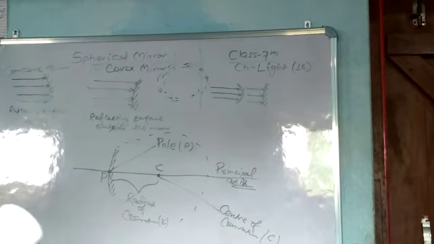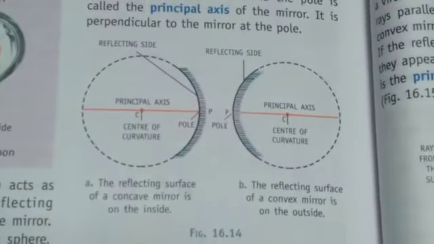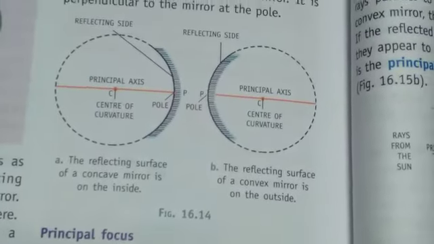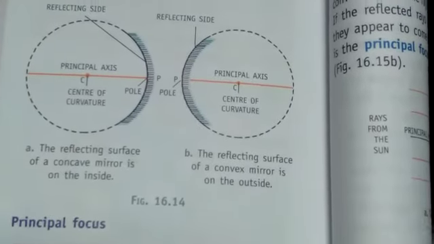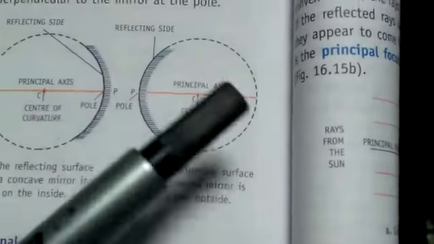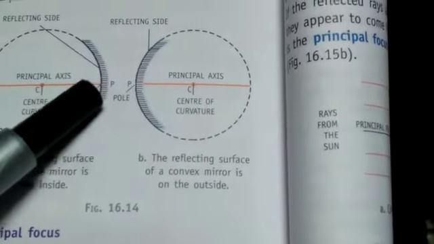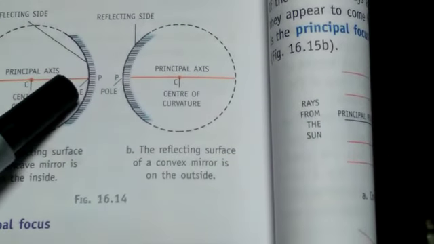You can also observe figure 16.4. See. This is a concave mirror and this is a convex mirror. The reflecting side is inside the mirror and the painted coating is outside the mirror.